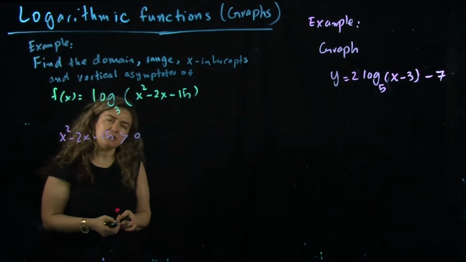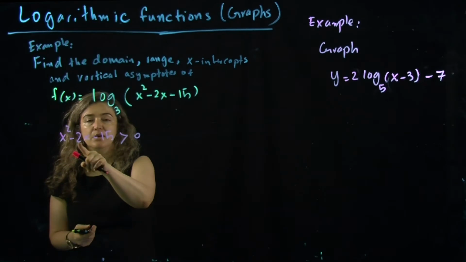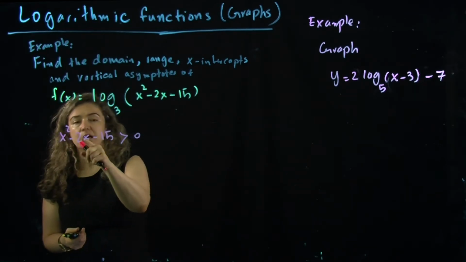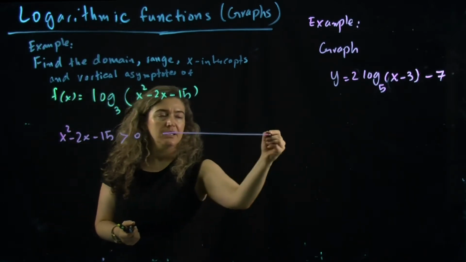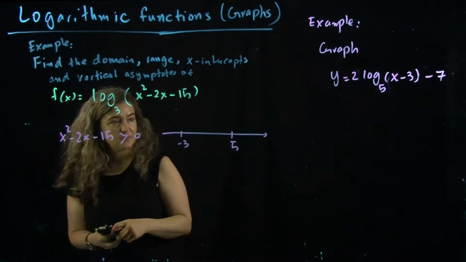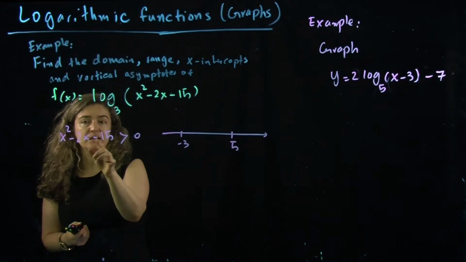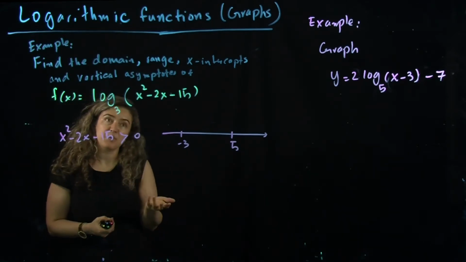To solve the inequality, I have to find the roots of the equation. -3 is a root and 5 is a root, and I put them on the number line. Now, what am I trying to do? I want to find where that polynomial is positive.